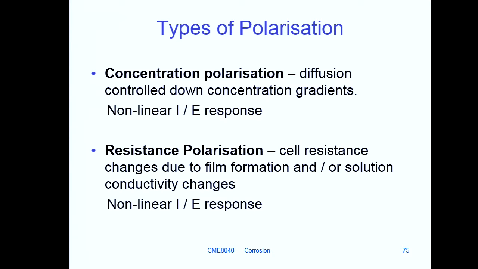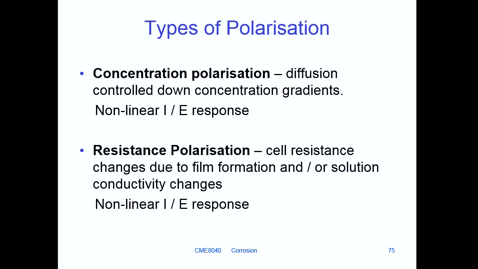And that's because you've reached a diffusion limit. The ions can't migrate any faster through the solution. So this is concentration polarization, because there's a physical limit on the maximum current you can get because of the diffusion of the ions in the electrolyte.